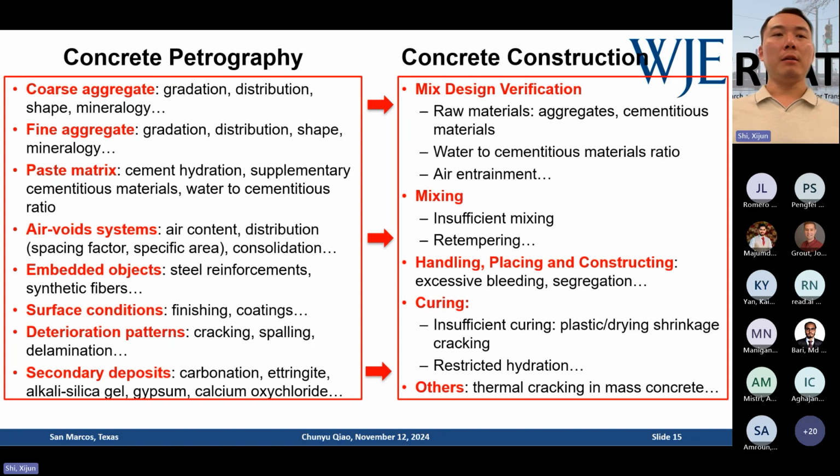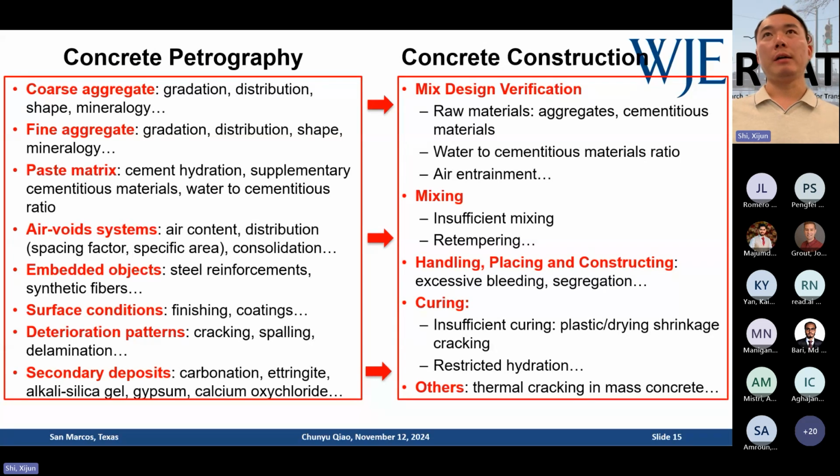The second aspect is the distribution of the aggregate, to see if you have any segregation issues. If you have a segregation issue, that will cause different problems depending on the cause. And also the shape. Angular crushed rock aggregate or rounded natural gravel have totally different water demand, workability, and performance.